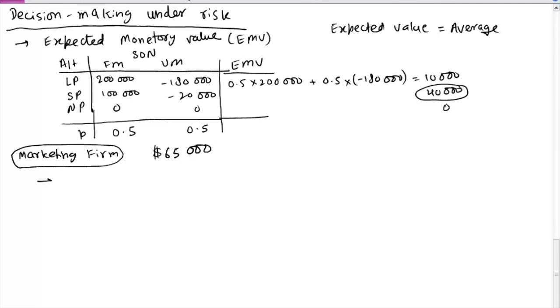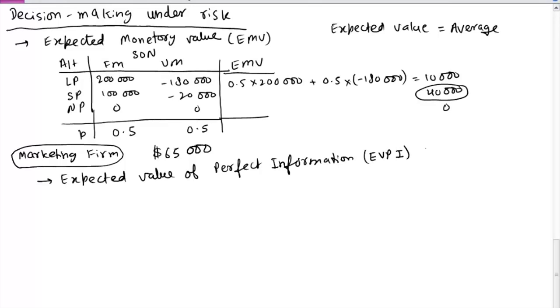We can always find what is called the expected value of perfect information. So obviously we would like to know what is that value, and if we find that value is less than 65,000, obviously $65,000 is not worth paying for. But if the expected value of perfect information is more than 65,000, so obviously it makes sense to pay that money and get better outcome.